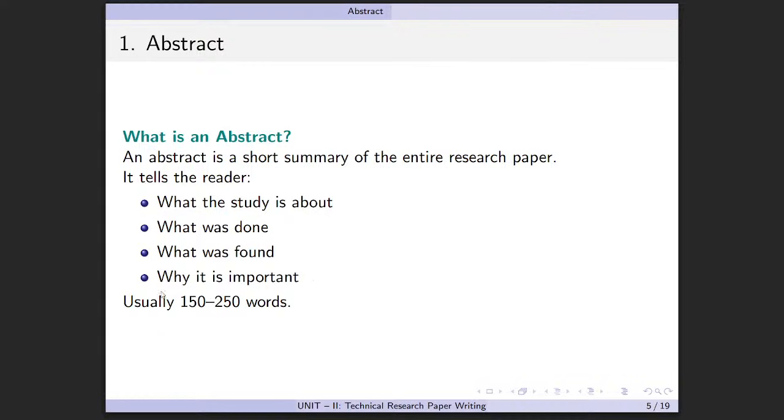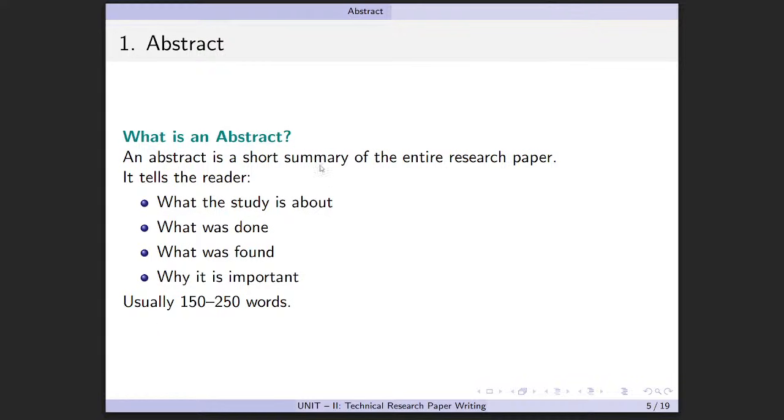What was found? In our study, when I researched students using mobile phones in the classroom, I found that most of the students are not getting marks properly. Why is it important? If this continues, they may lose concentration. They may not get jobs.